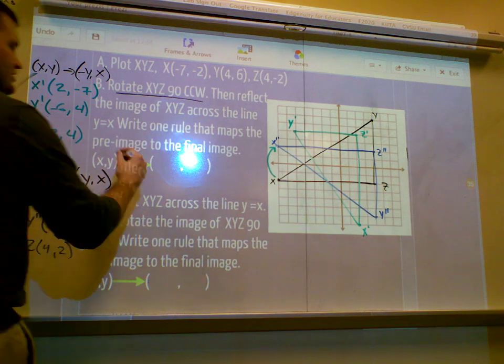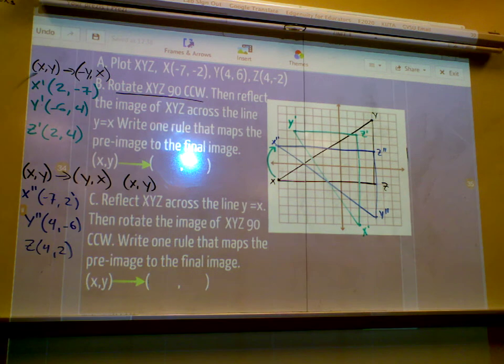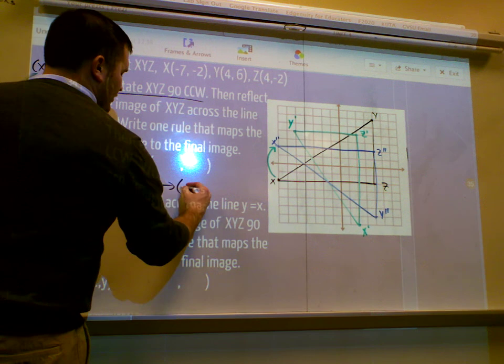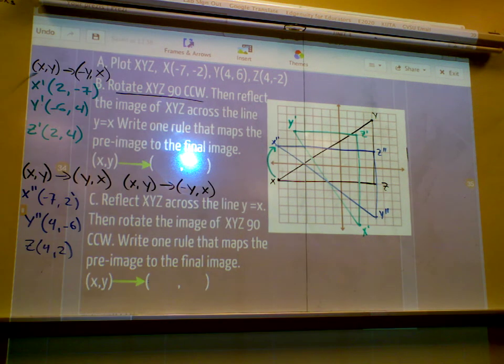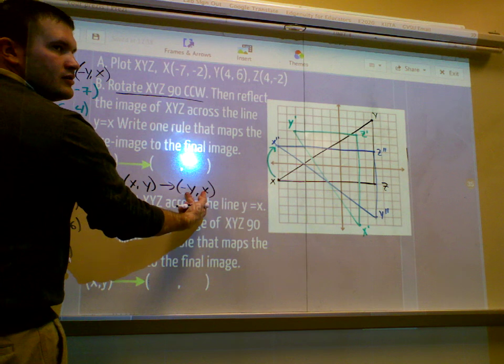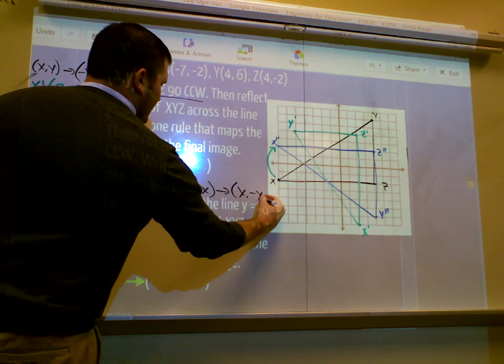So we started with x, y, right? We then did negative y, x to it. So this was our first step, right? Then we flipped our coordinates. So I take these two and do what with it? We flip them. So my composite looks like this.